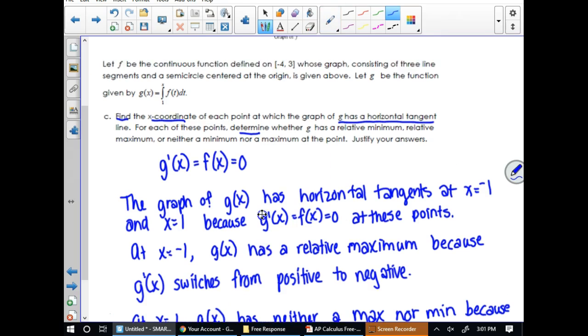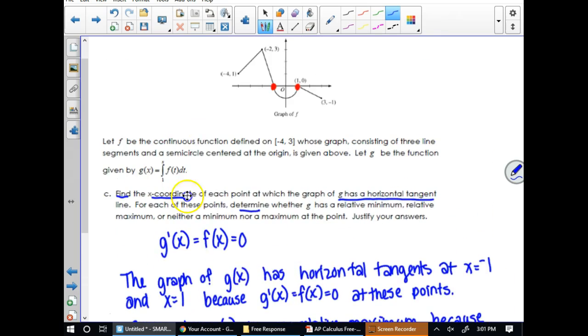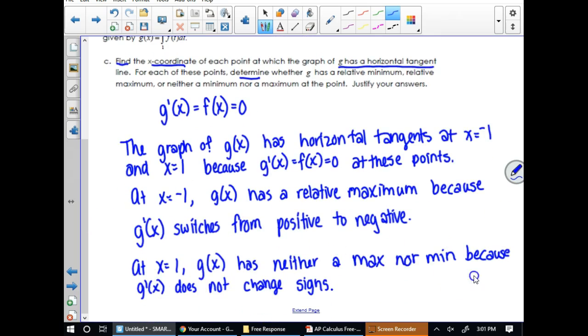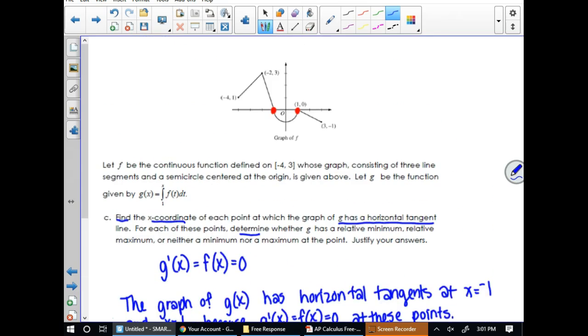Okay, so that's the correct answer to part C for this problem. Make sure you justify your answers. You have to say because the derivative does not change signs, or because it's from positive to negative there.